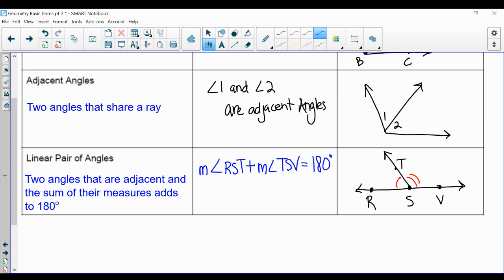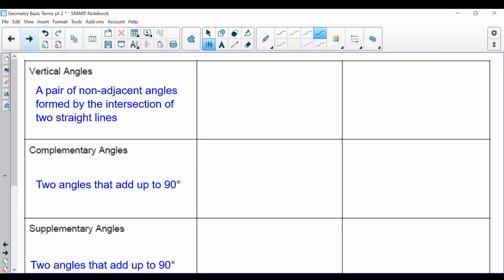So this is a linear pair. You may also remember complementary angles and supplementary angles; we're going to get into that in a moment. A linear pair is also supplementary.